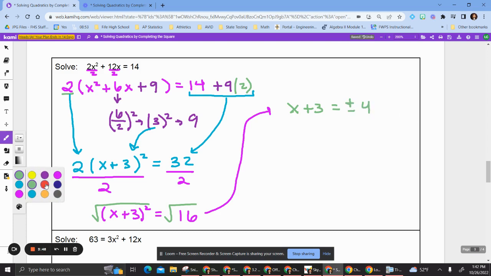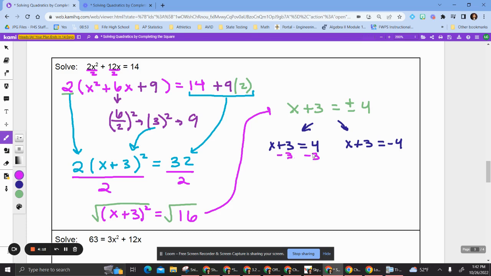And since there's no radical, like I talked about on Wednesday, we can split it up into our two answers, which is x plus 3 is equal to positive 4, and x plus 3 is equal to negative 4. And we just go ahead and solve. So remember, here's the positive 4 right here, and the negative 4 right here.